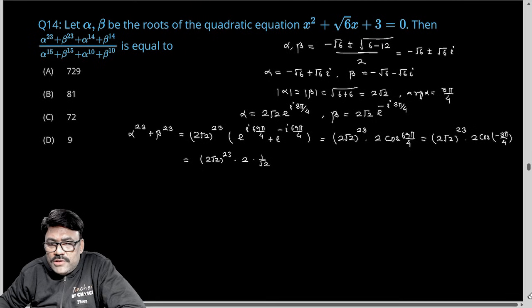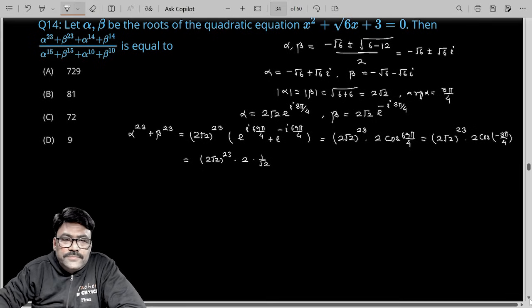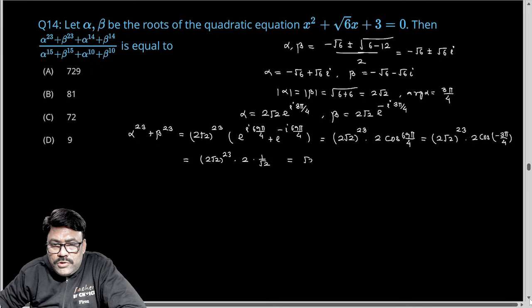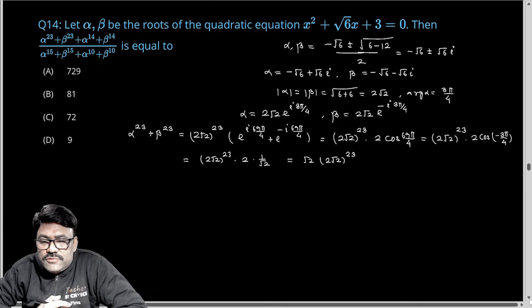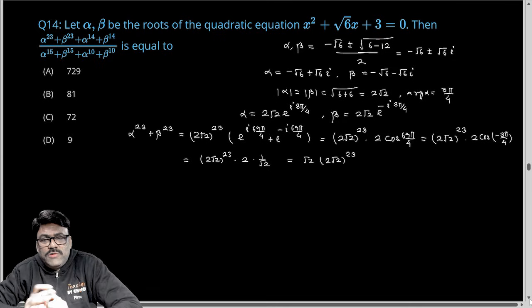So ultimately you are getting root 2 into 2 root 2 raised to 23. This is alpha raised to 23 plus beta raised to 23. And similarly, you have to get all the values.